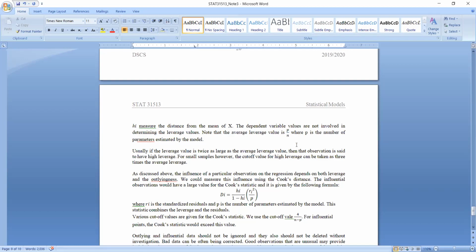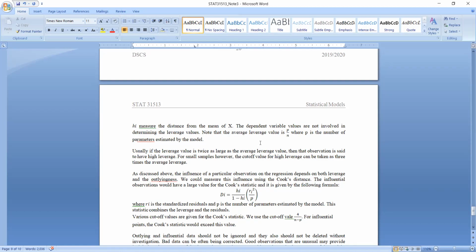In simple linear regression we have only 2 parameters, so 2 over n is the average of the leverages, right?